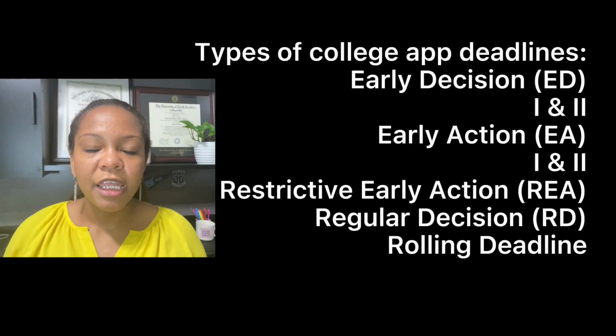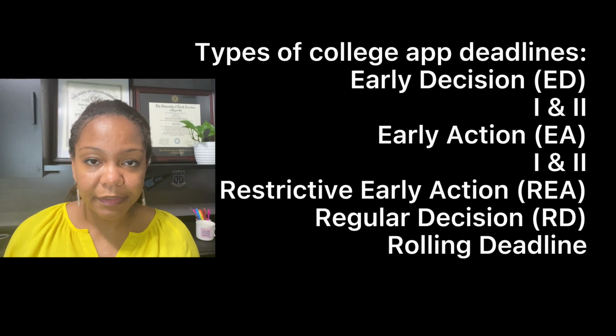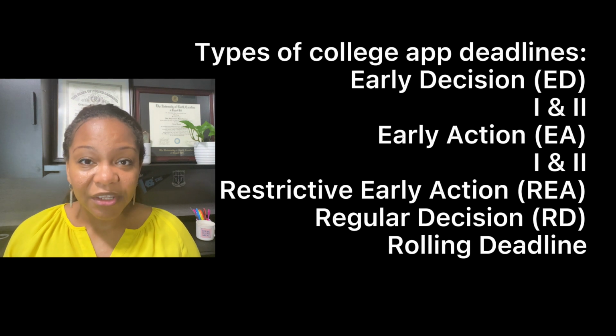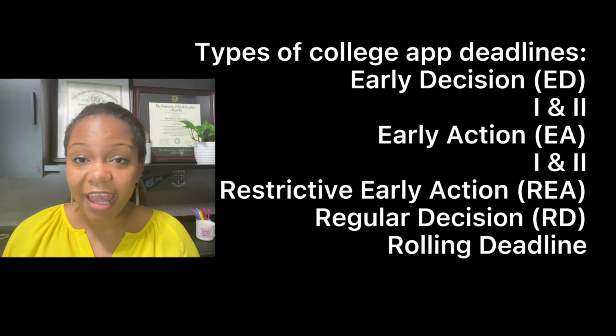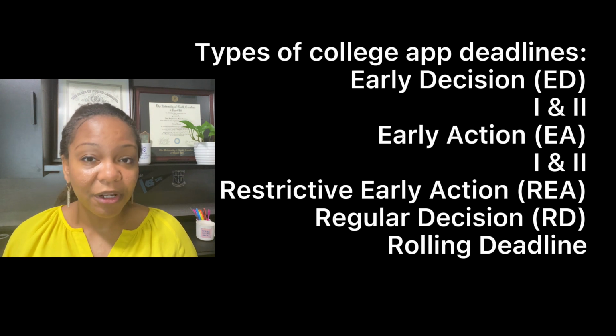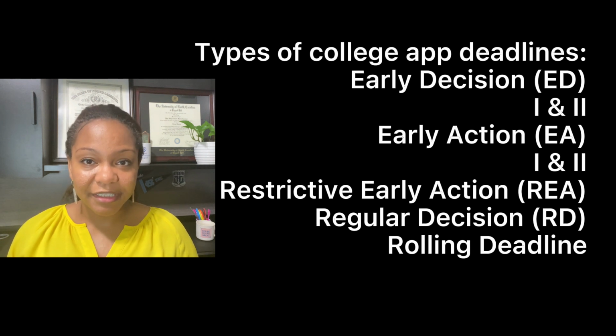There are at least 5 different types of deadlines for college admissions in the United States. They all come with their own benefits and caveats. So here are the 5 types of standard admissions deadlines. Early decision, or ED, early action, or EA, restrictive early action, or REA, regular decision, or RD, and rolling deadlines.